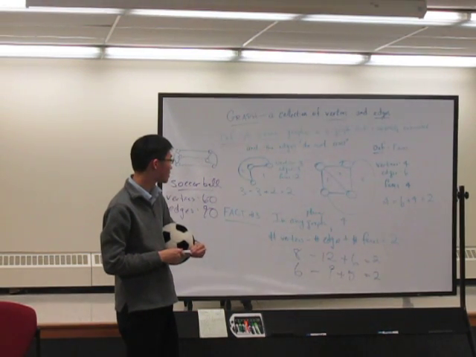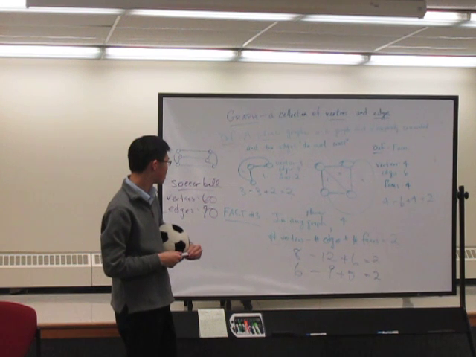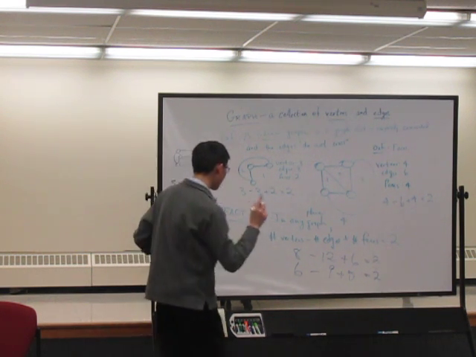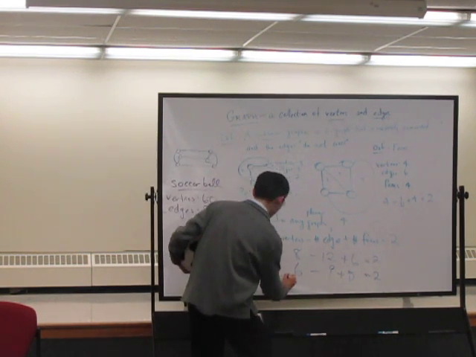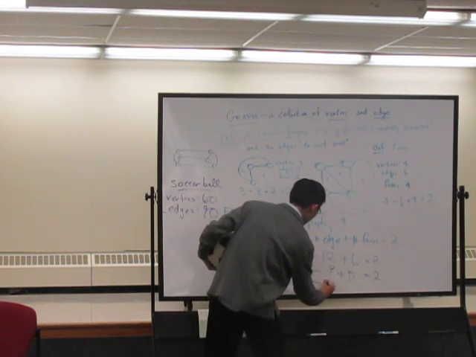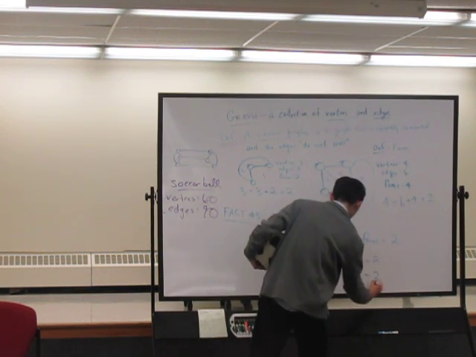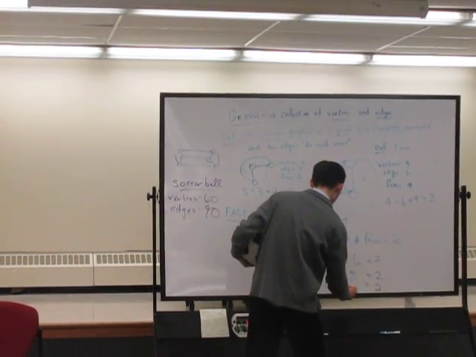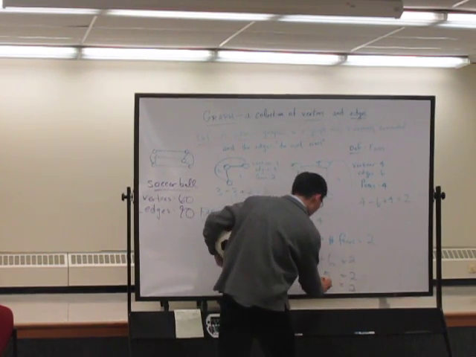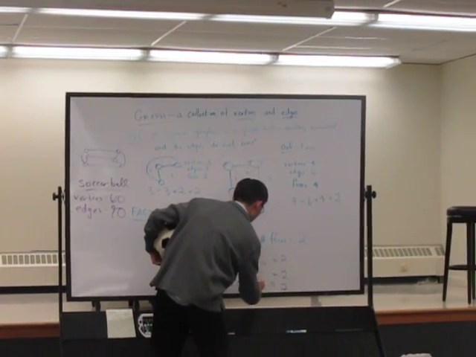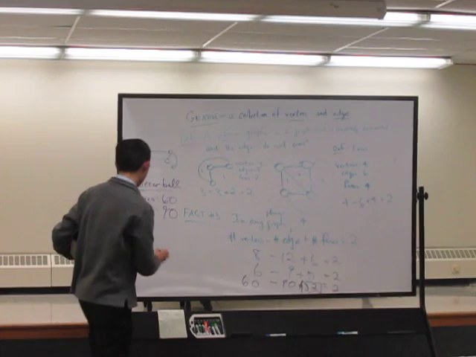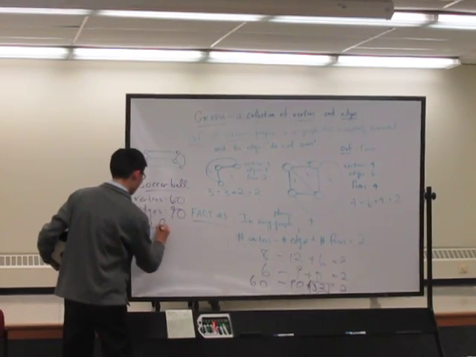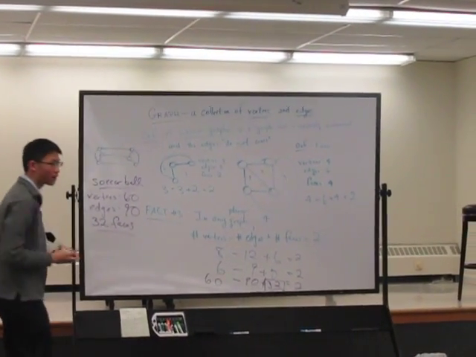Let's try this together. Okay, so we have 60 minus 90 plus 2. 32. So 32, right? Yes, okay. So there are actually 32 faces. And you can get that straight from graph theory.